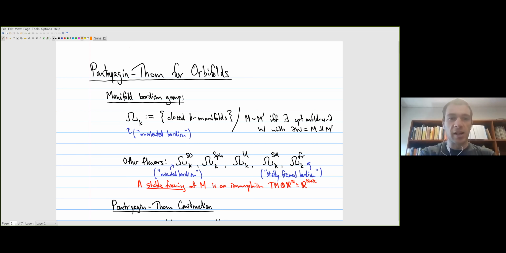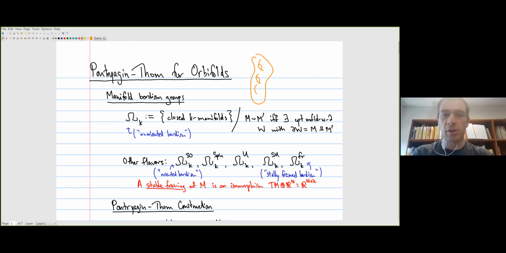So first, let's recall what bordism groups are. This group omega k is called unoriented bordism. It's the free abelian group generated by closed k-manifolds.